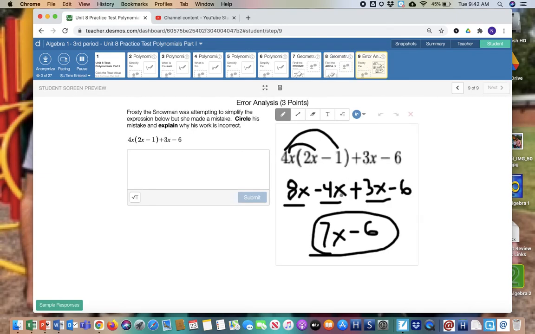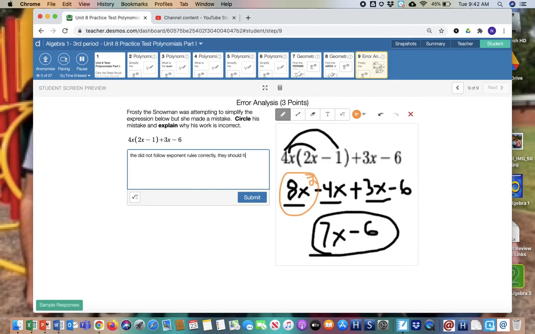All right, lastly, for the error analysis question. We look through here. It says explain why and what's wrong. Well, I actually found the error right away. Bang, here we go. 4 times 2 is 8, but x times x should be x squared. So they did not follow exponent rules correctly.